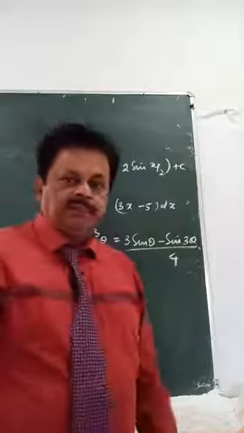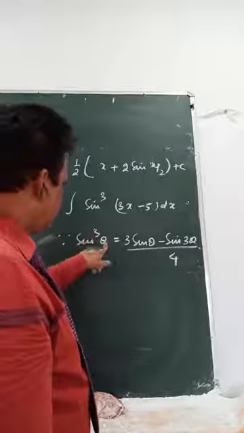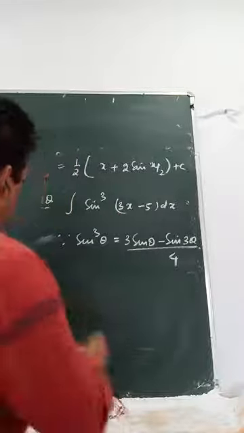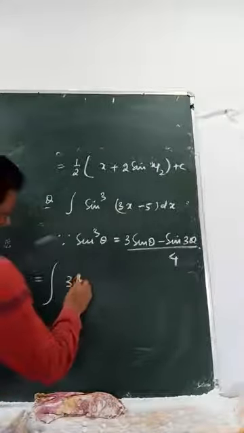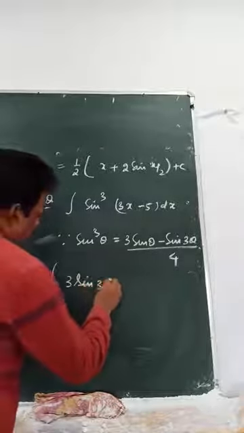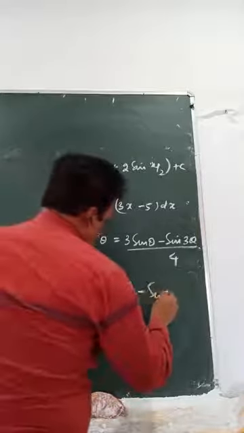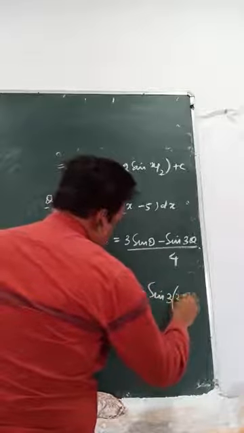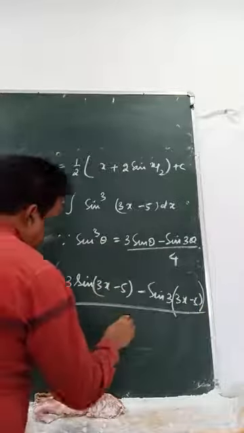Okay? So what will I get here? Now sine cube theta. What is theta? Now this one. So that will be integration of 3 sine theta, theta means 3x minus 5, minus sine 3 theta, 3 into 3x minus 5, divided by 4 dx.